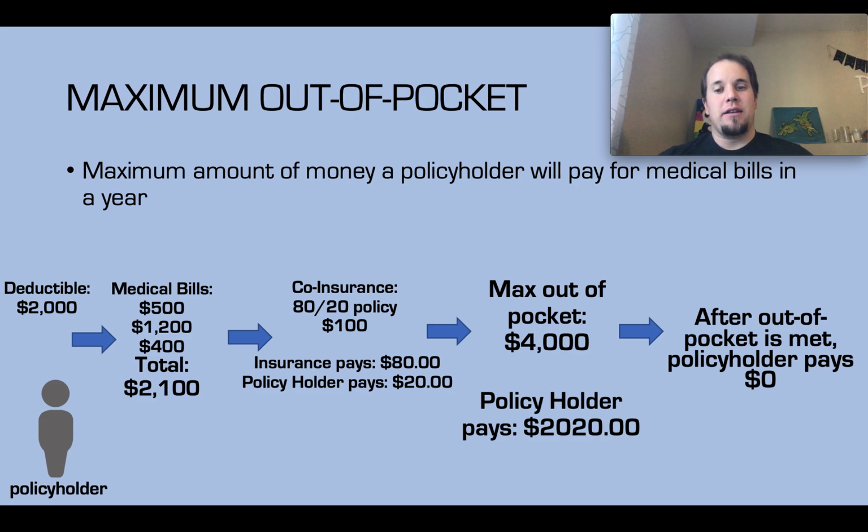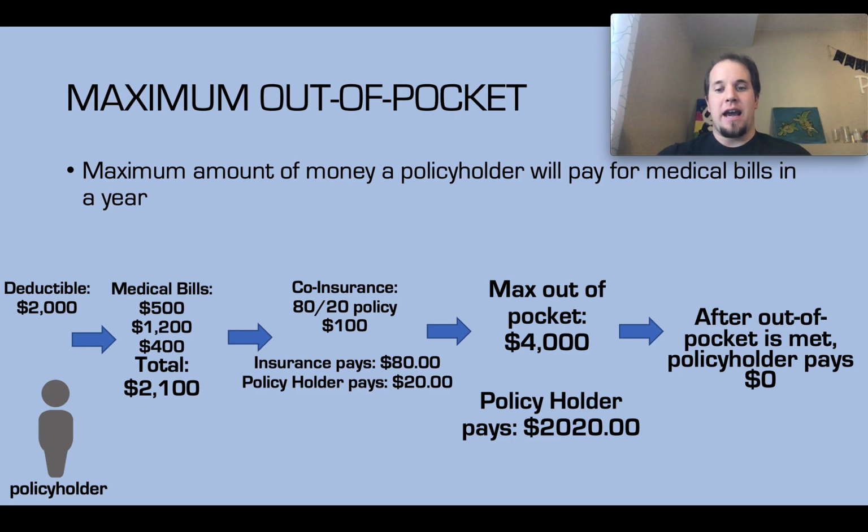So what that means is, up to this point, the policyholder has paid the deductible of $2,000. They paid the $20 on this coinsurance clause that was over their deductible. And once they have reached $4,000 paying out of their own money after coinsurance, after the deductible, the policyholder pays nothing more.